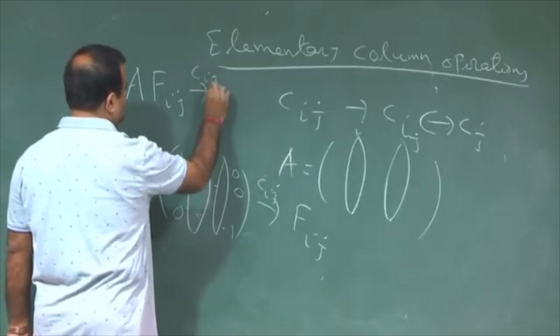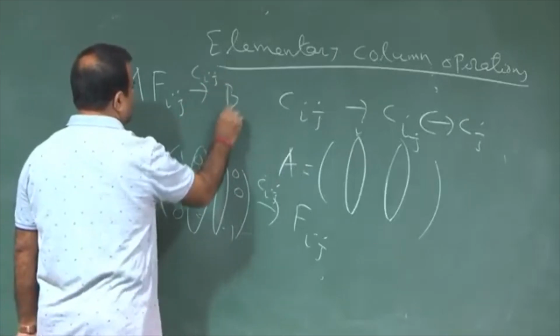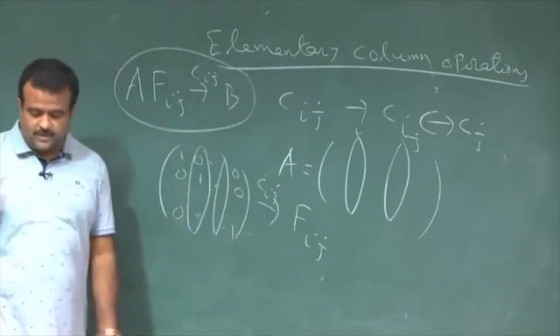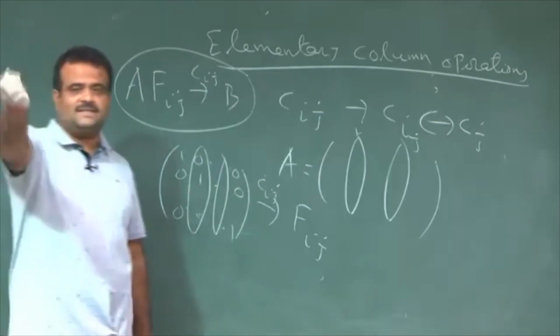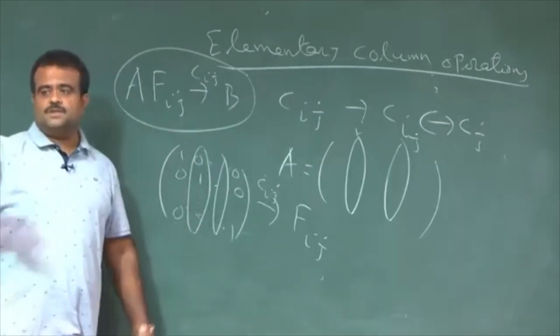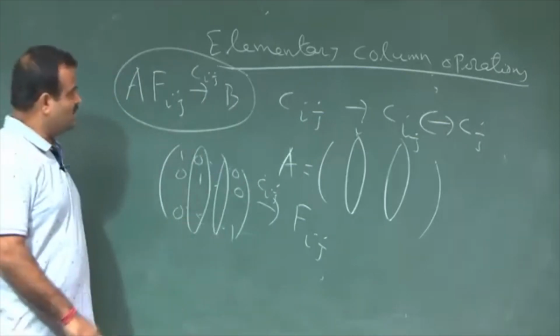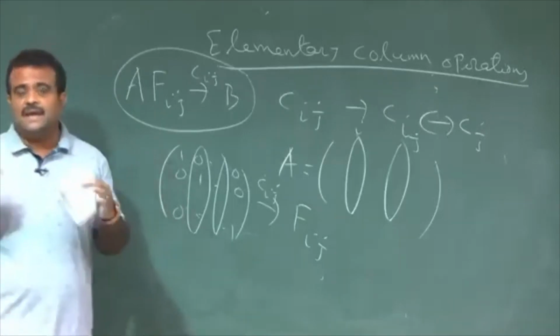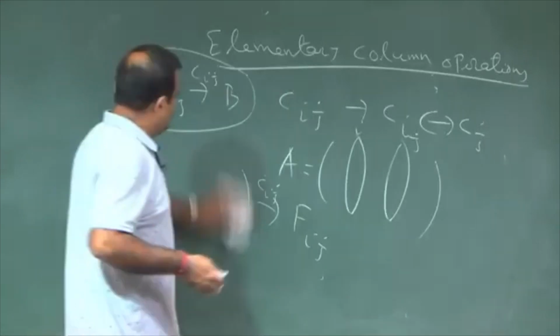This is nothing but Cij, we are getting another matrix P. So, for column operation, this multiplication is from the right side, and for row operation this multiplication is from the left side.